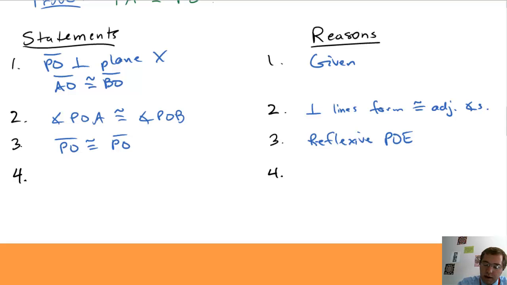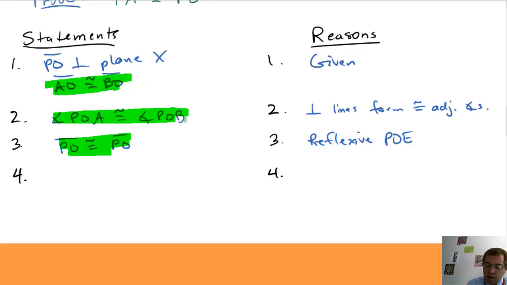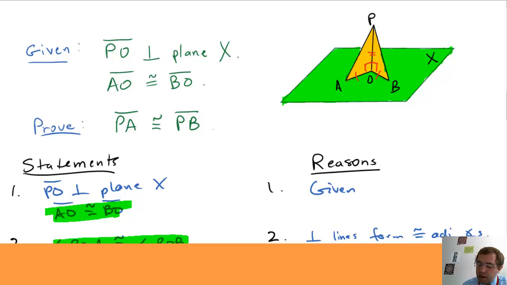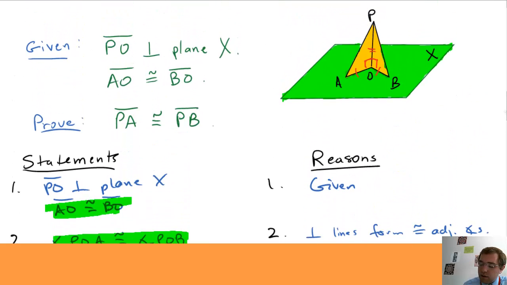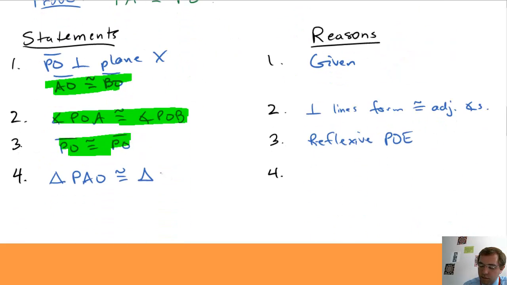So now I've stated one pair of sides, another pair of sides, and the angle between them are all congruent. Then I can have congruent triangles. Let me make sure I state these in the right order. If I say triangle PAO is congruent to triangle, I'm going to label the other one as PBO. And that would be side, angle, side postulate.